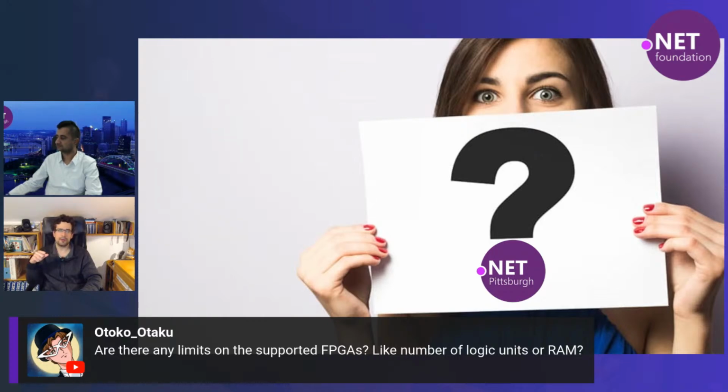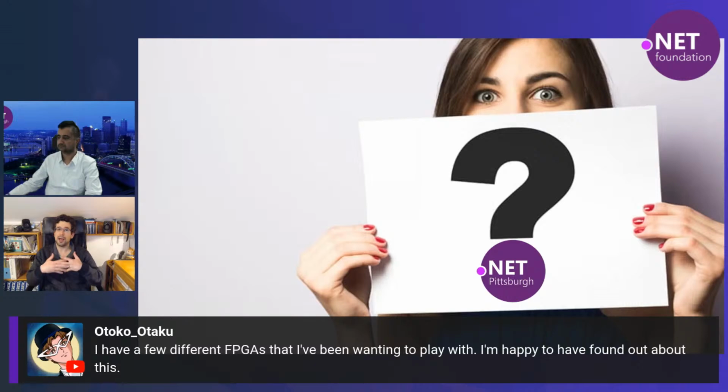It also has distributed RAM, which are little pieces of memory scattered all around the chip. That's used, for example, if you have an array. If in your code you have an array, that will be turned into pieces of memory on the FPGA, because there will be no dynamic memory allocation like it happens in .NET with the garbage collector.